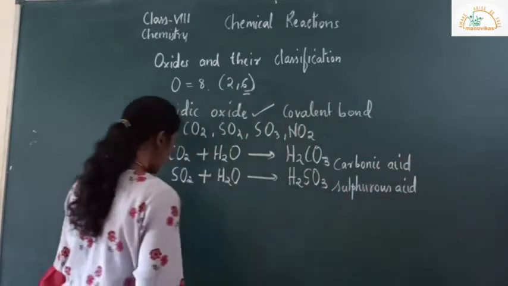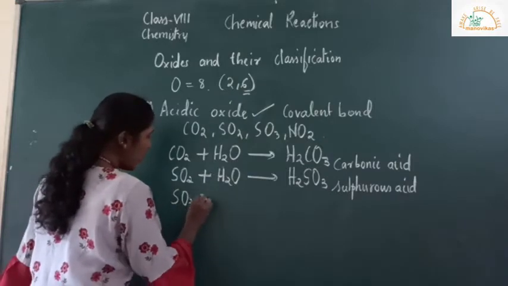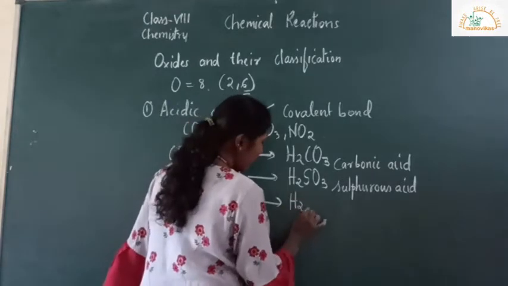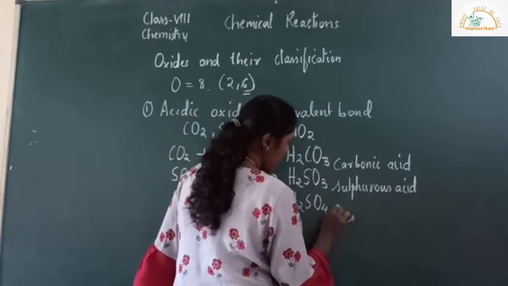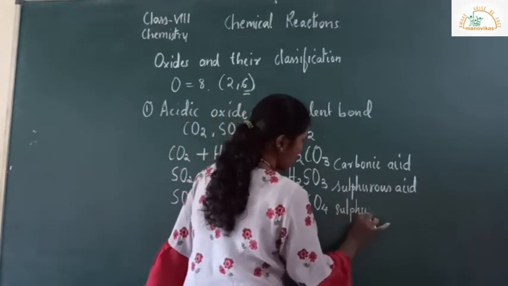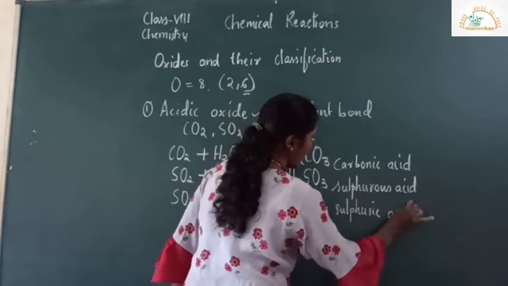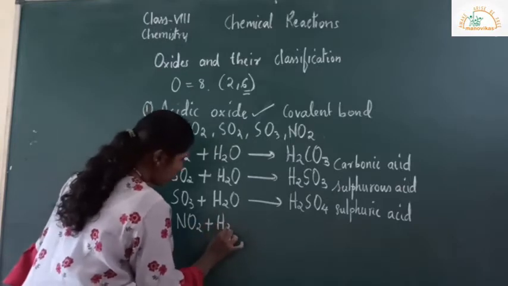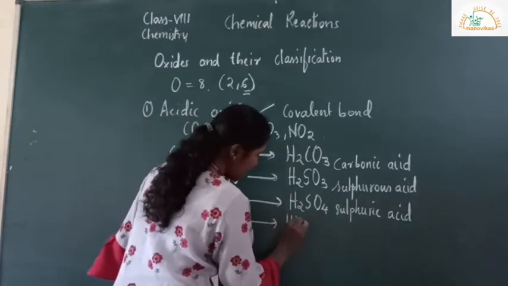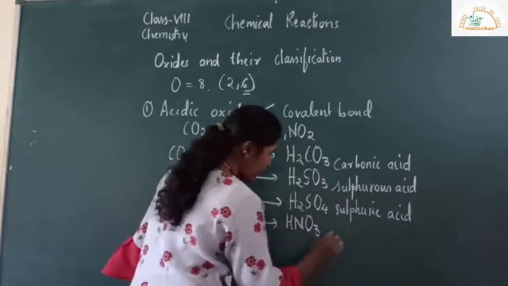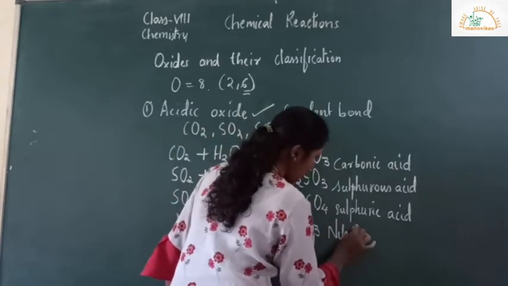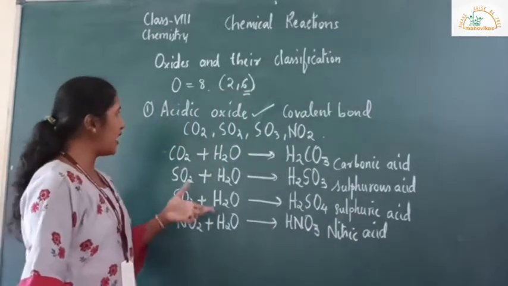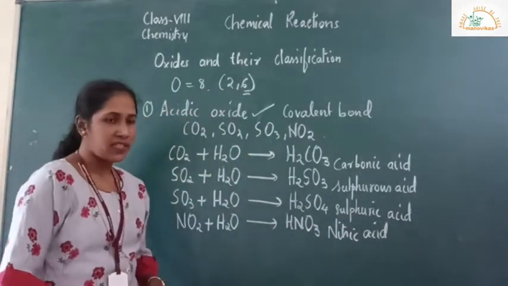Same way, when sulfur trioxide is combined with water, what we get is sulfuric acid. Same way, when nitrogen dioxide combines with water, what we will get is nitric acid. Okay, so these are the examples of acidic oxide.